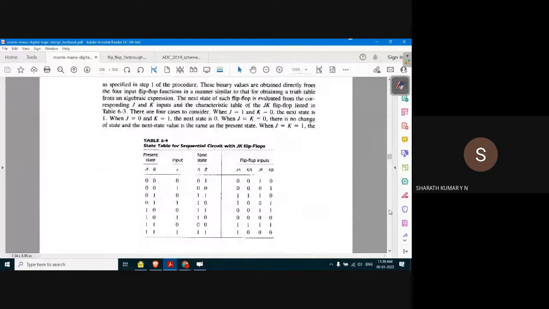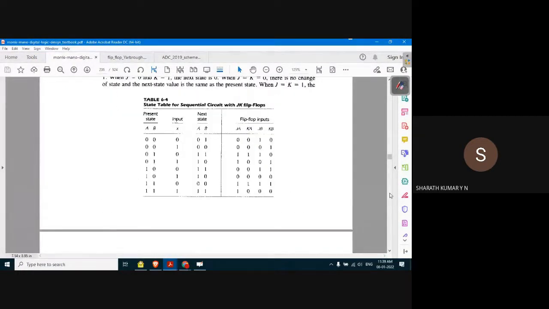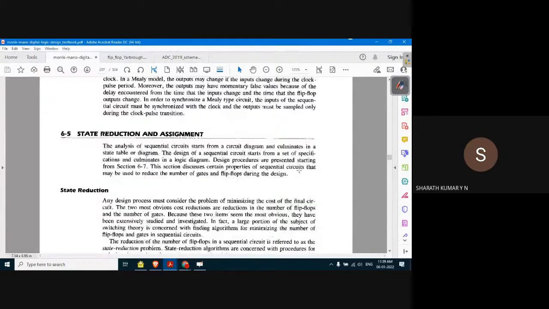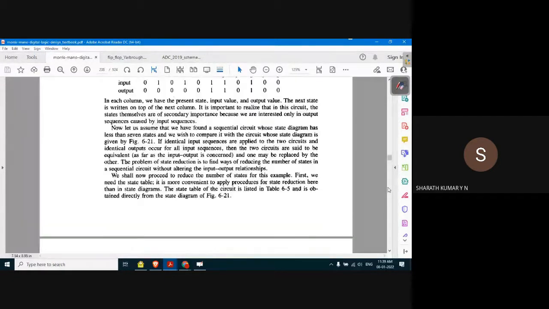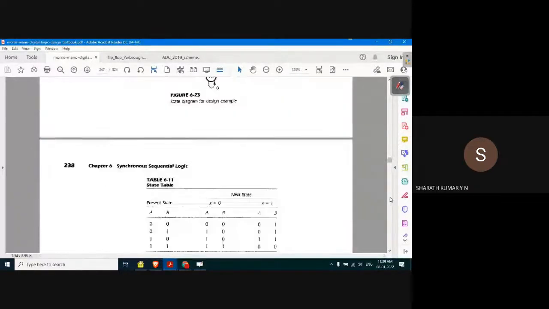I'm looking for one circuit, the sequential JK flip flop. State reduction assignment. I think we should discuss some.